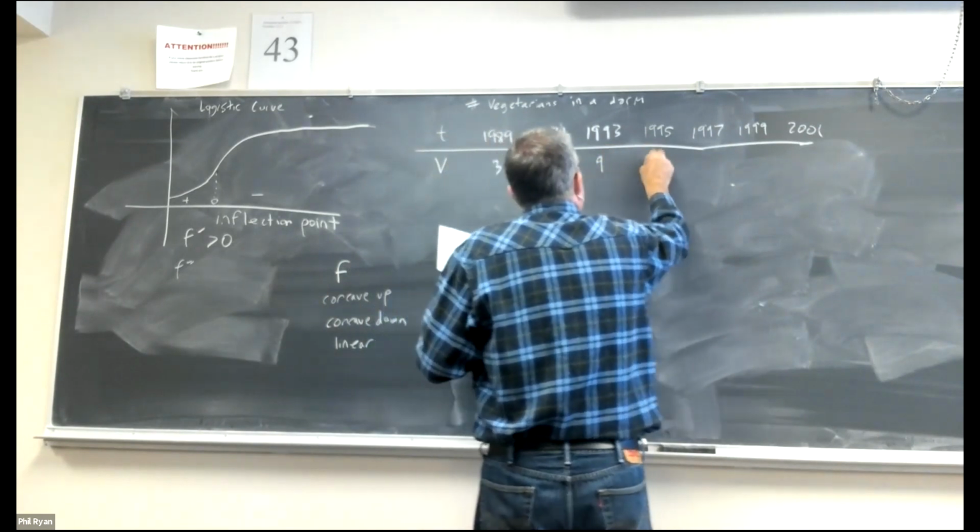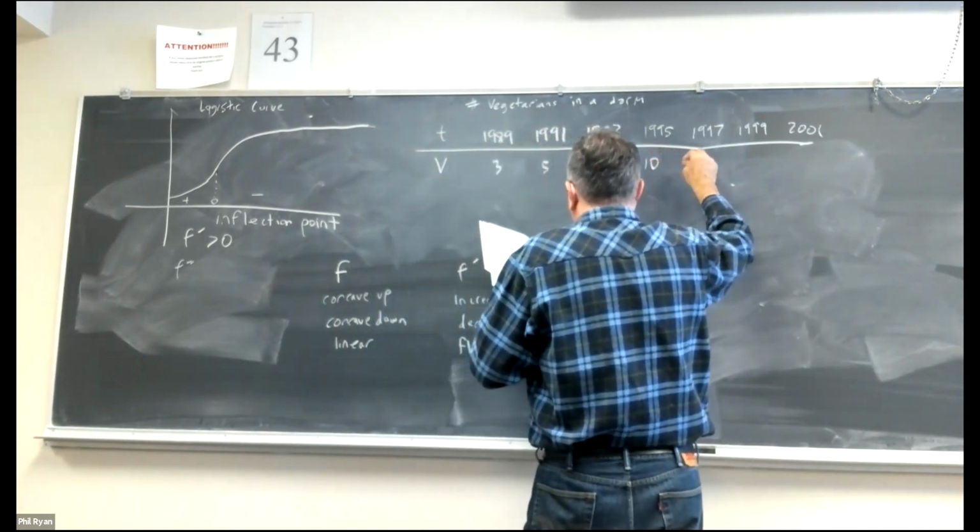3, 5, 9, 10, 23, 33, 37. Okay. So we're interested in V. V is the quantity, the number.